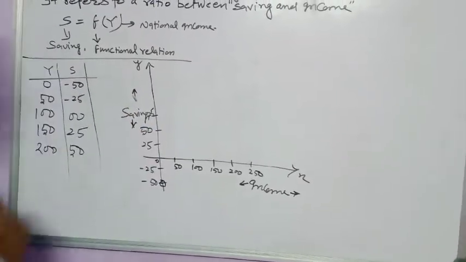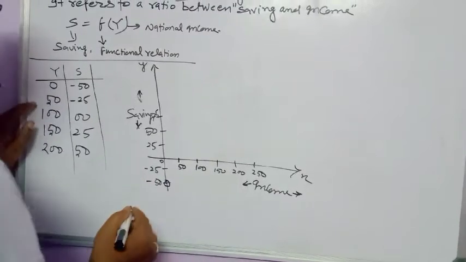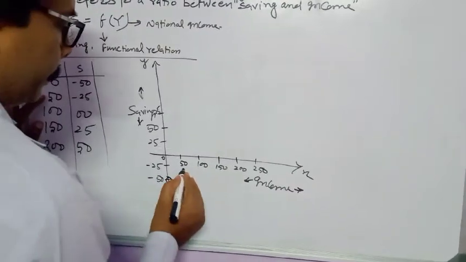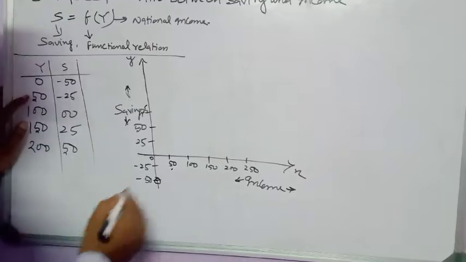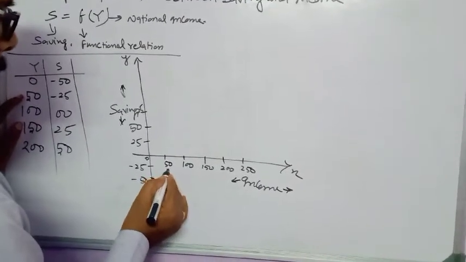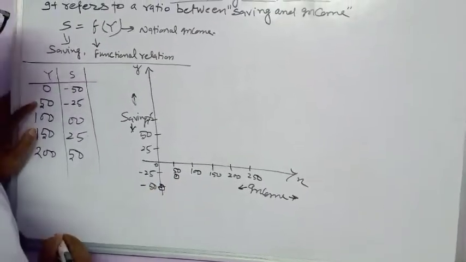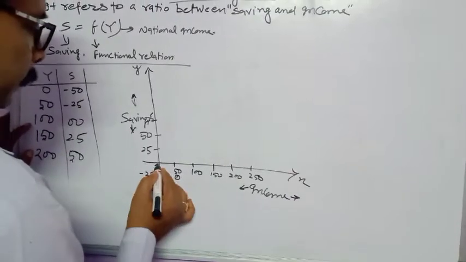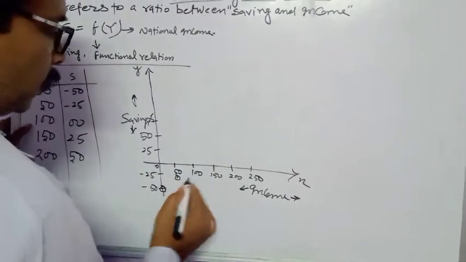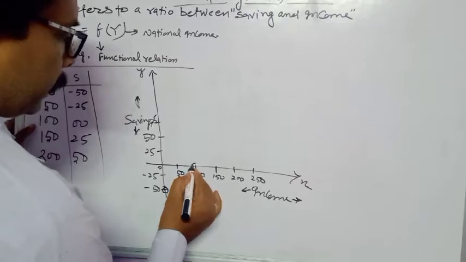Clear? So when the income is 50, our saving is minus 25, so it is indicated at this point. When income is equal to 100, saving is equal to 0, so it is at this point.